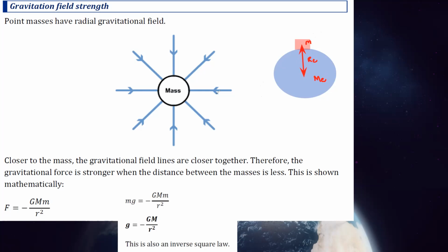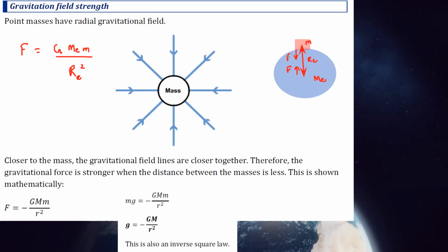So according to Newton's law of gravitation, the force between them, F, is equal to G times the mass of Earth, M1, times the mass of the object, small m, divided by the distance between them, which is the radius of the Earth squared. The force by which the Earth pulls the object and the object pulls the Earth are like forces, which always act in pairs. The force which the object applies on the Earth will be the same as the force the Earth applies on the object.